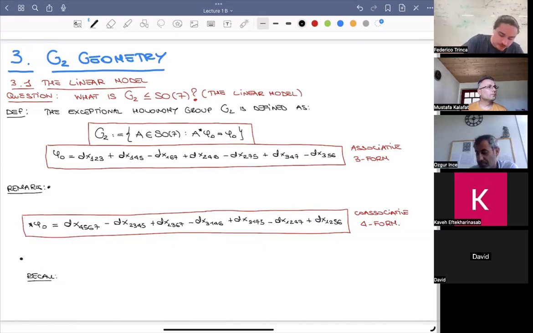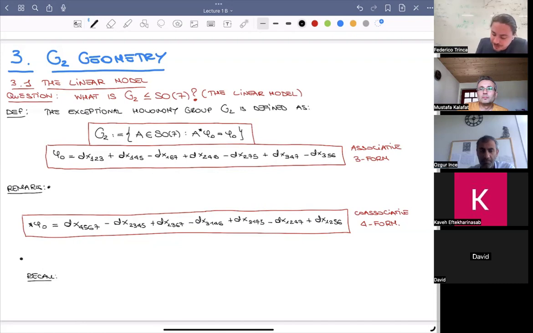So I will now start talking a little bit about G2 geometry, and in order to do so, what we need to address is what G2 is in the first place. What is this subgroup of SO(7)? The definition I've given is the following.